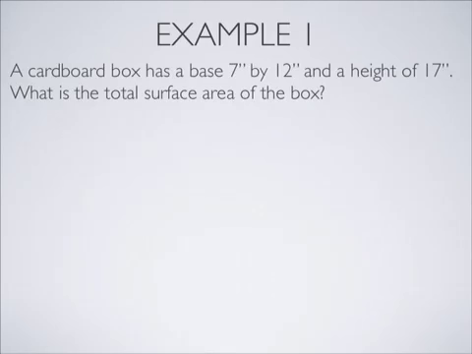All right, so let's look at this first example. A cardboard box has a base 7 inches by 12 inches and a height of 17 inches. I want the total surface area of the box. Well, I'm not going to get anywhere without drawing a picture of this thing, so let's draw it. Here's my box.